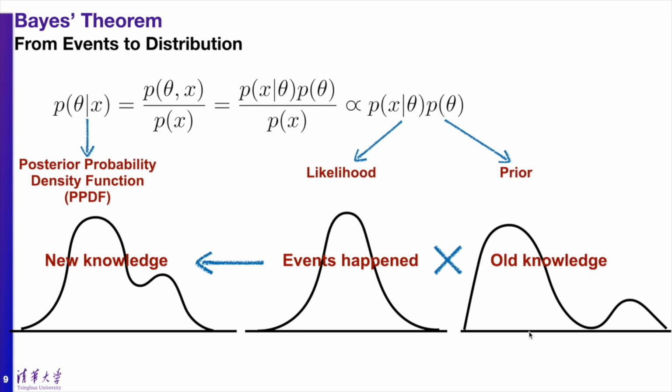That is, eventually we will get the posterior distribution of the hypothesis. We use the so-called posterior probability density function to describe the newly got posterior distribution.